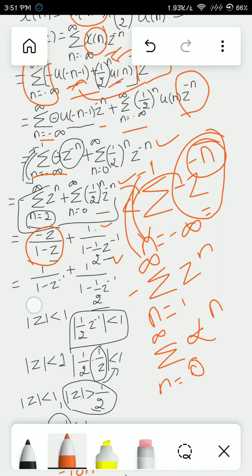And then I took this in terms of z transform, because here it was in terms of z, so I had to take it in terms of the z transform, and I got this result, right?